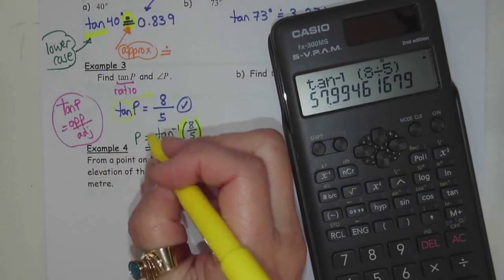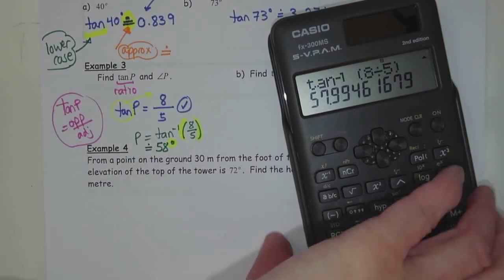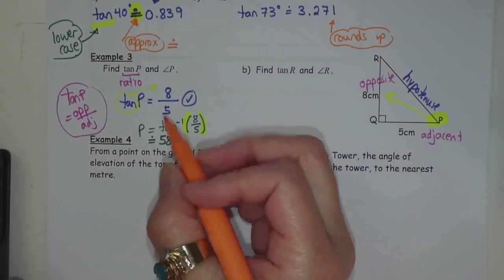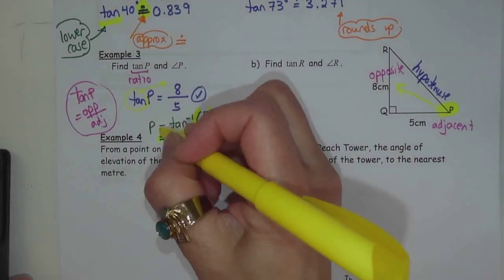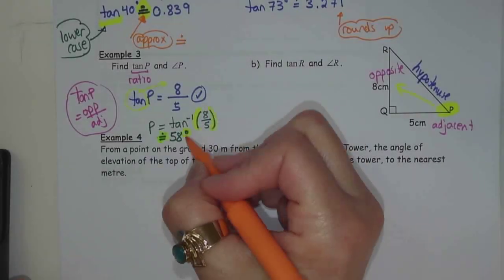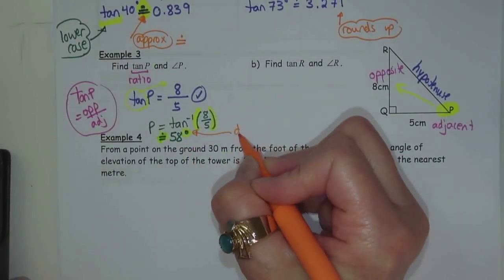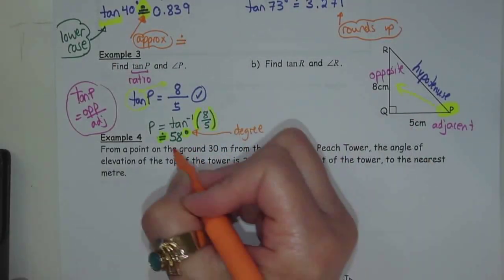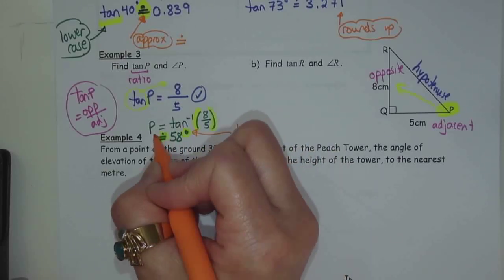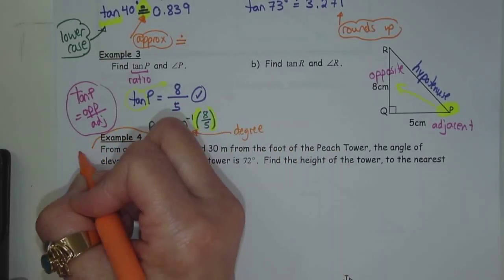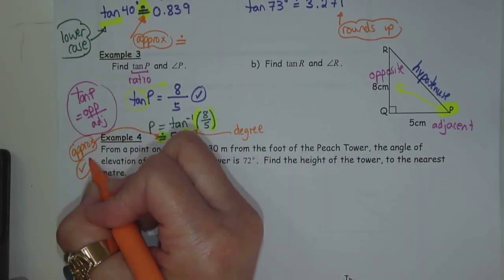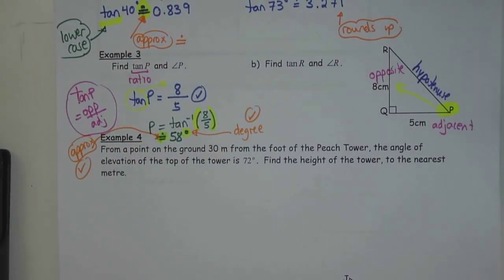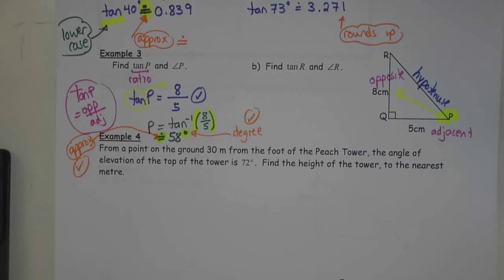You have to have the approximate sign and the degree symbol. Otherwise, you'll be losing little marks because it's not accurate.